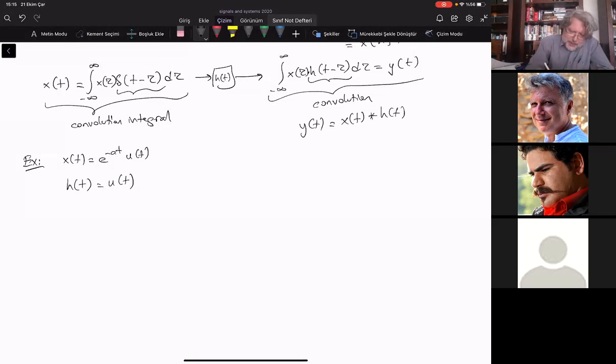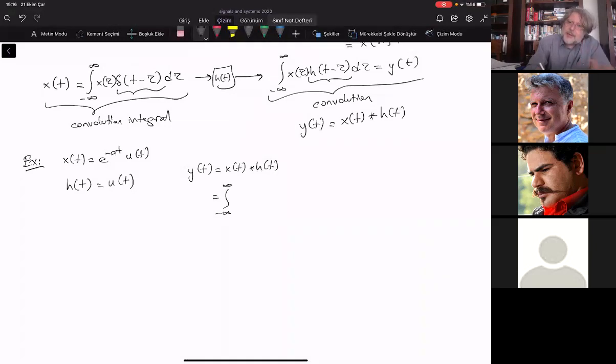And I will do it without drawing or anything. I'll just put them into the formula, which is telling me that y of t, which is the convolution of x of t and h of t, is equal to, from minus infinity to infinity, x of tau. Let me write it.